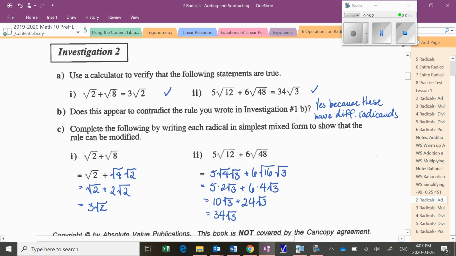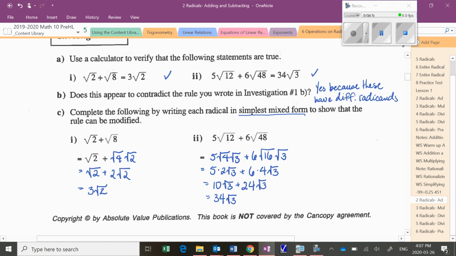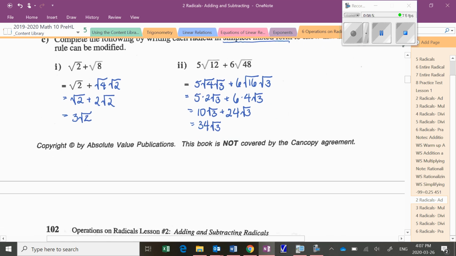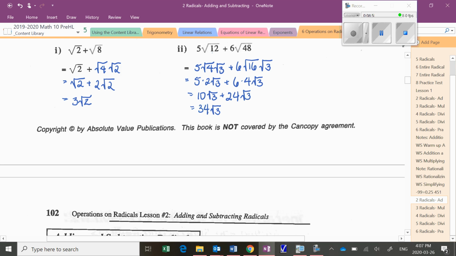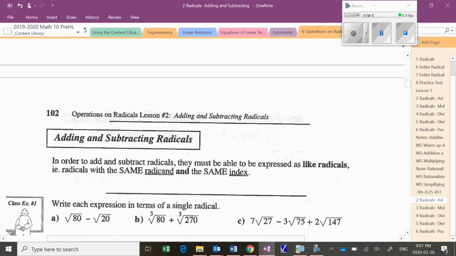So when we look at those previous examples that they showed us earlier, it's not actually changing anything. We cannot add radicals that have different radicands. What this investigation is showing us is that we should always first make sure that they are in simplest mixed form, so that you have removed all perfect square factors, and that way you will know if you have like radicals.